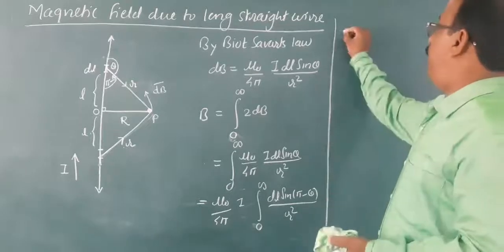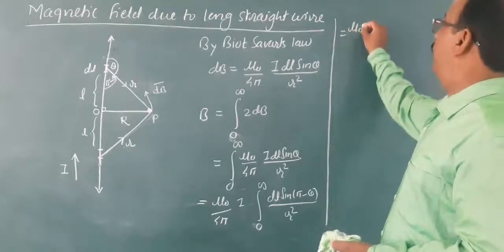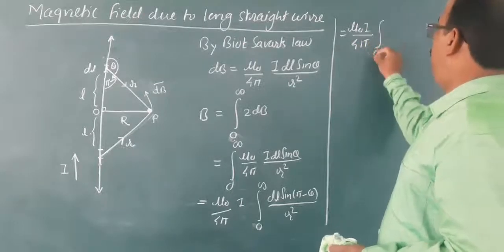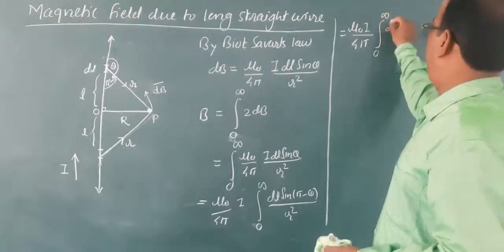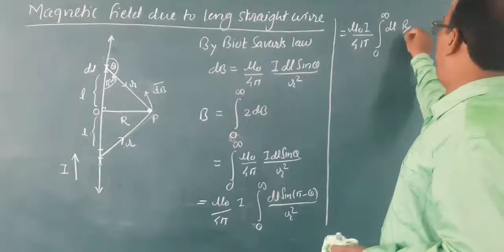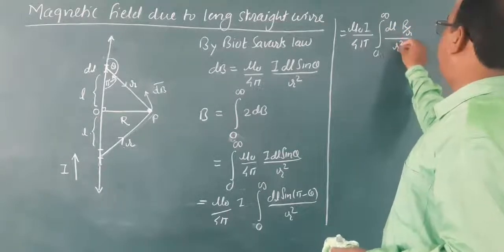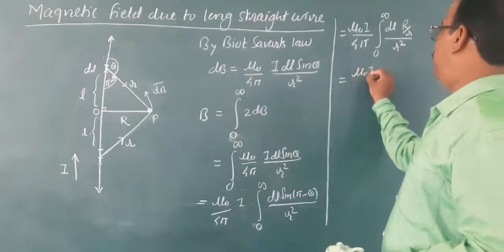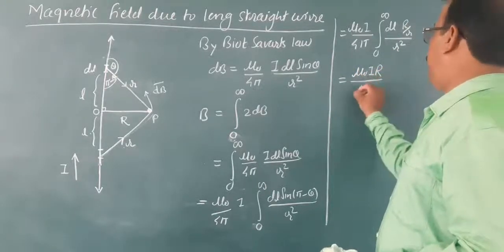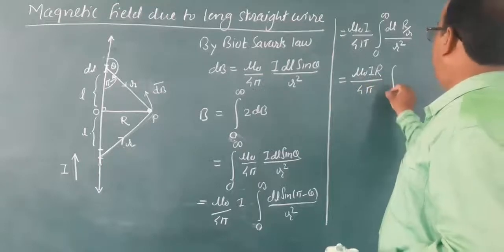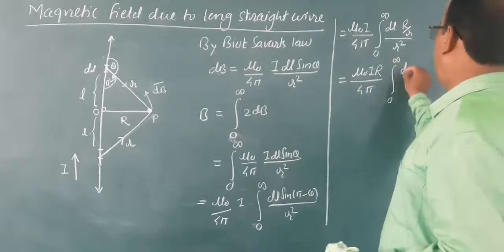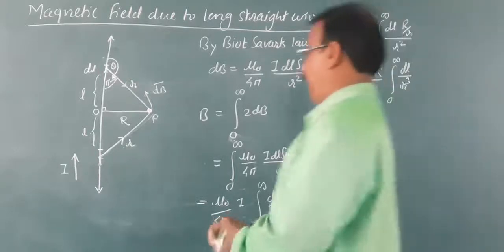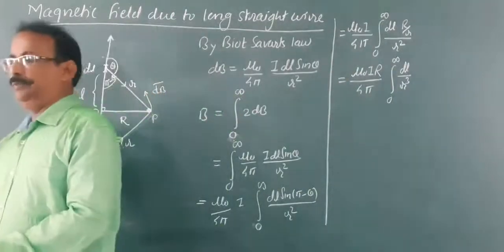Here you get mu 0 I upon 4 pi, the integral from 0 to infinity of dl R upon r square. You can take this R, which is fixed, out of the integration. In the integration, you will get dl upon r cube.